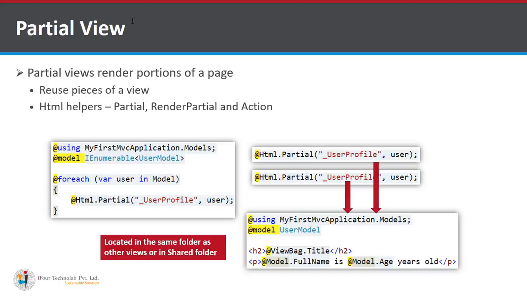So in my UserProfile view there is a model named user model, which supports this object user. Inside that, by accessing that model, I am just printing model.FullName is model.Age years old. So it will behave in such a way.